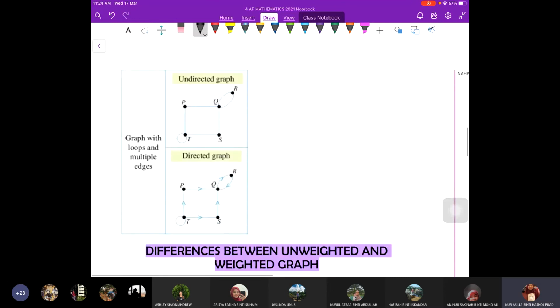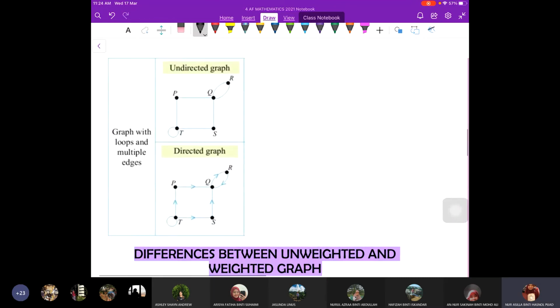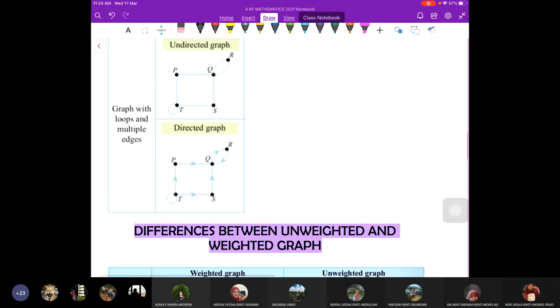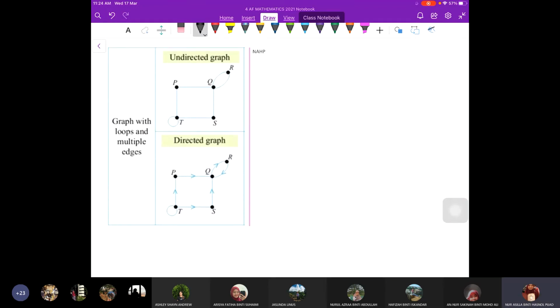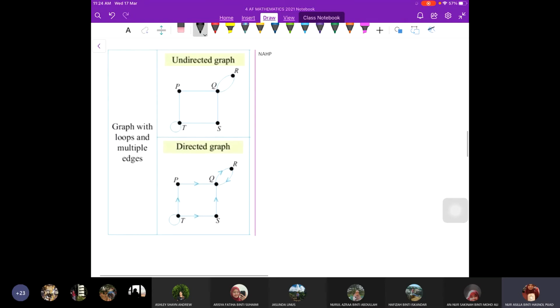Okay, sekarang kita pergi kepada graph yang ada multiple edges and loops. Okay, so yang pertama, kita recap sekali lagi macam tadi. So vertices, kita kira macam samalah P, Q, R, S, T. So vertices untuk directed graph pun akan jadi sama.